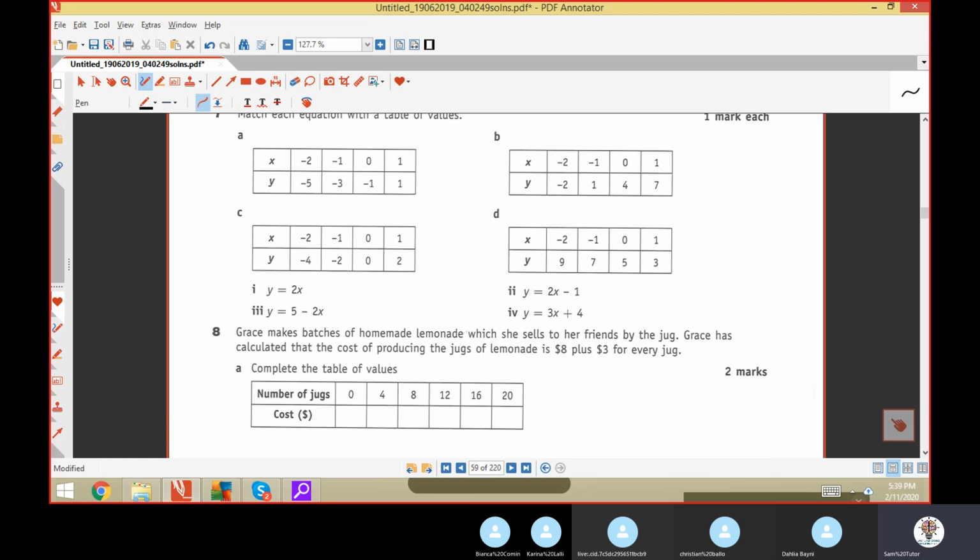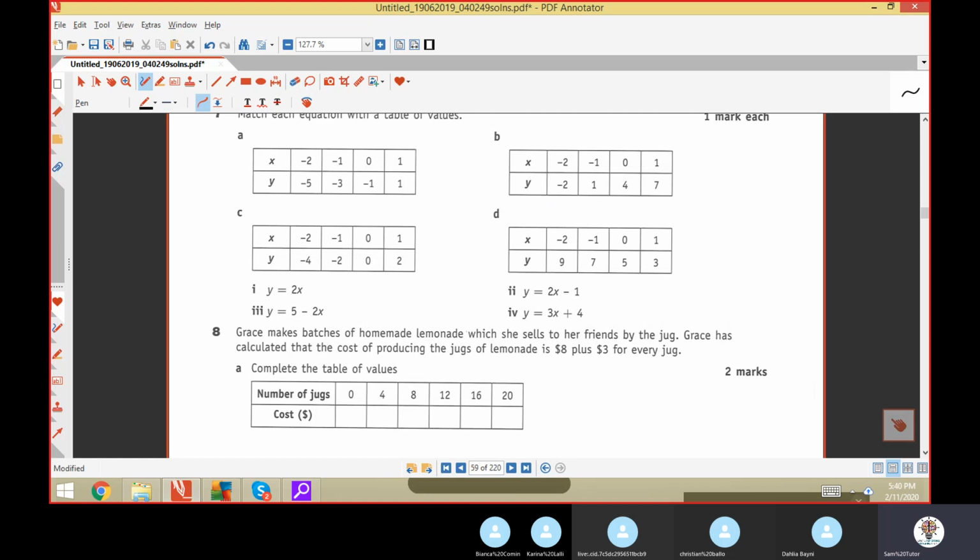It costs $8 plus $3 for every job, so the rate is 3. Number of jobs, 0, 4 pages. Fair enough. Okay, good.